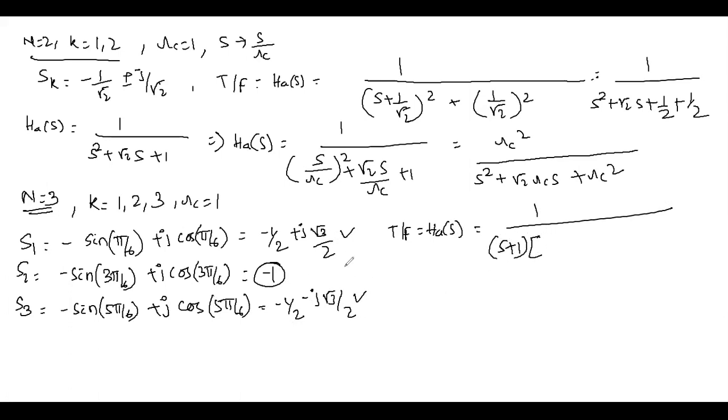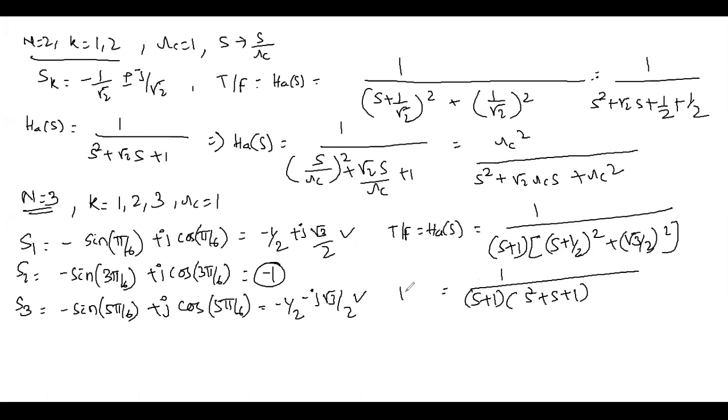Then take this complex conjugate pole: (s plus 1 by 2) whole square plus (root 3 by 2) whole square. If you do this simplification, we get 1 divided by s plus 1, and here s square plus s plus 1.